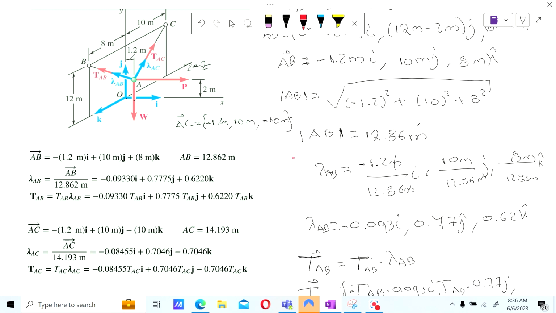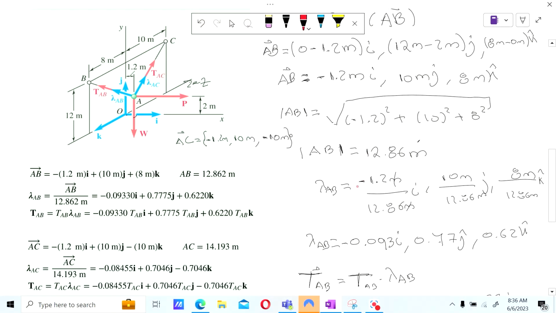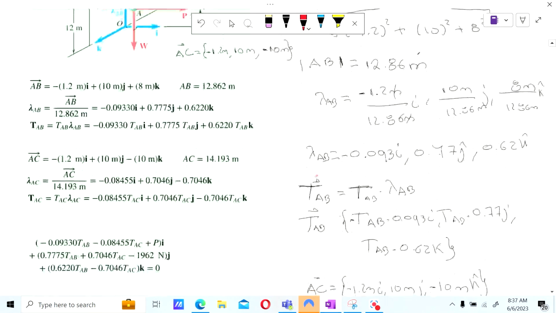Here we have a Px, we have no y. For AB we have a Px right here. So it's negative 0.093 times TAB.